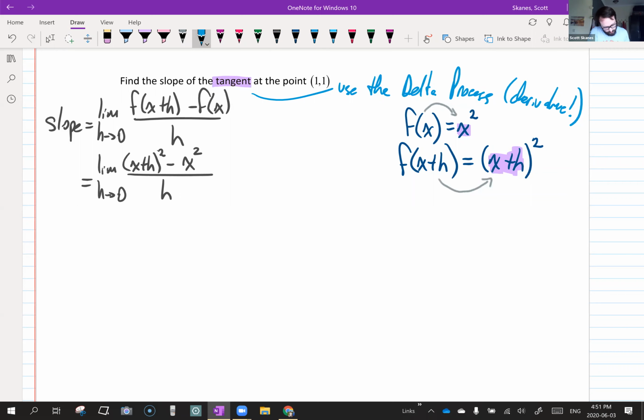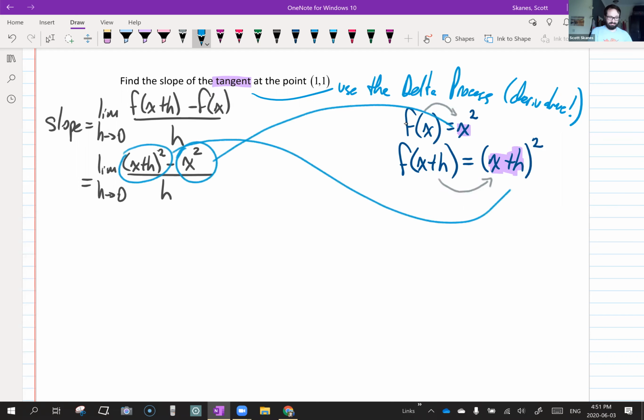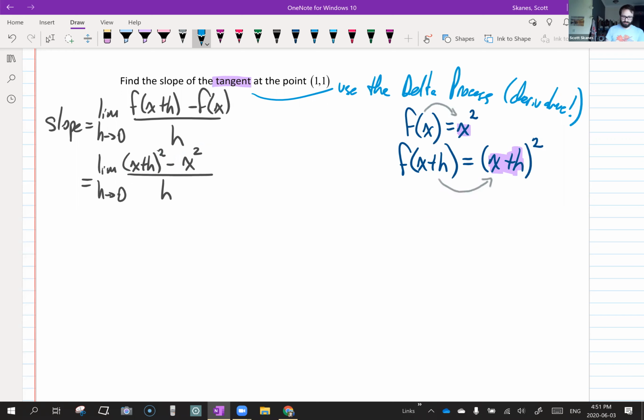Well, I'll delete this in a second, but this is this, and this is this. I'm just directly substituting them. Now that we have the setup, that's what all of that was about, just to get this set up. Just do algebra. Treat the x and h like regular variables.